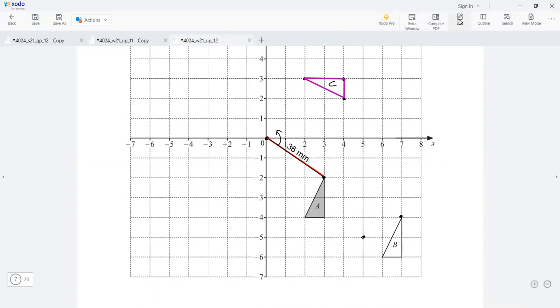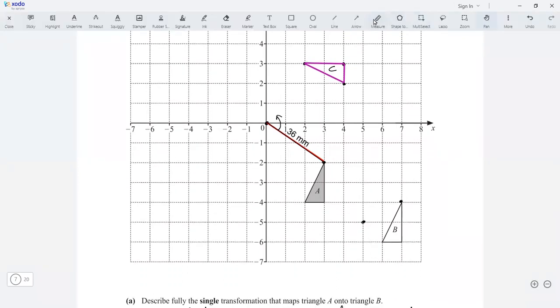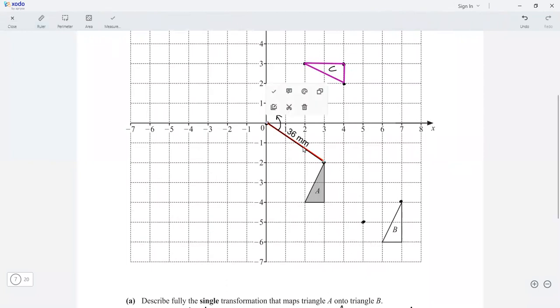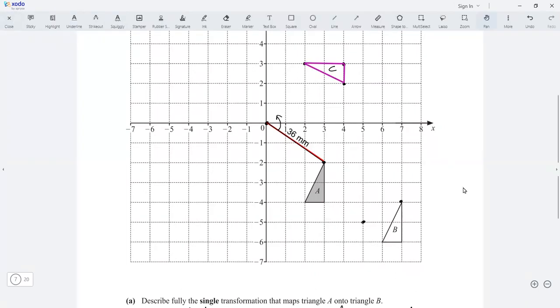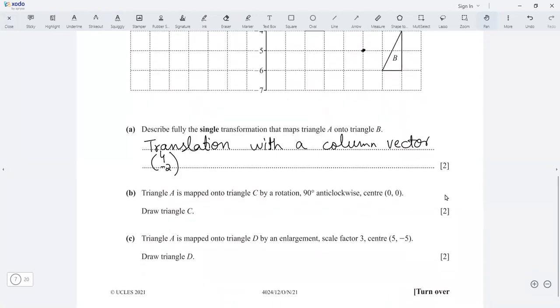For doing center of enlargement questions, what actually we have to do here is join each and every point of triangle A with 5, comma minus 5, and then extend it towards the whole grid, and then check where it has a scale factor of 3.